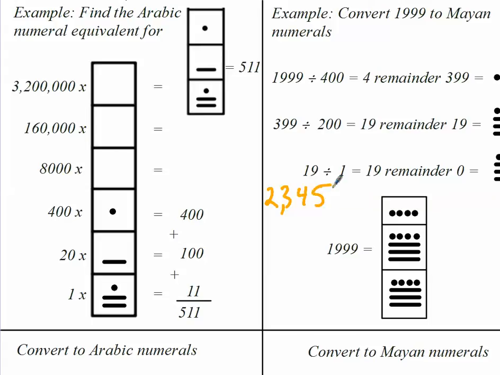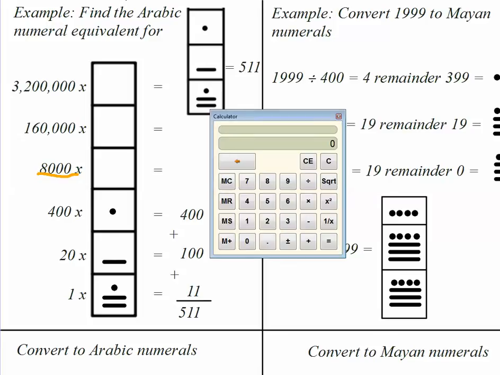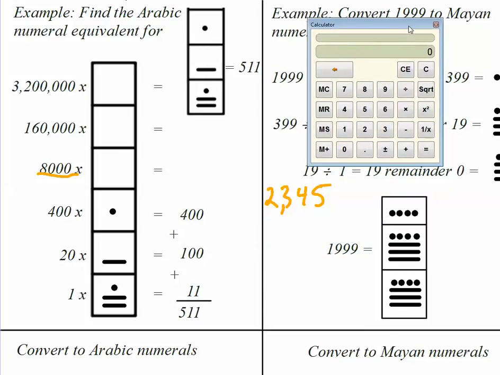2,345, really original number. So the first thing I'm going to do is, are there any 8,000s that go into this? No. So how many 400s go into this number? So what I'm going to do is I'm going to take my calculator, and I'm going to take 2,345 and divide it by 400. So five of them go in, right?